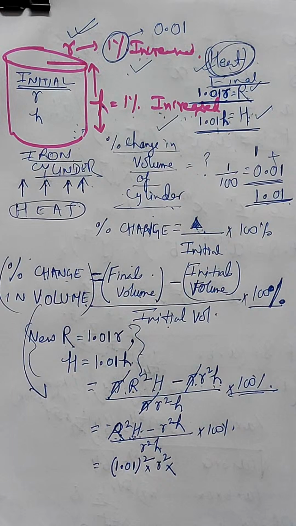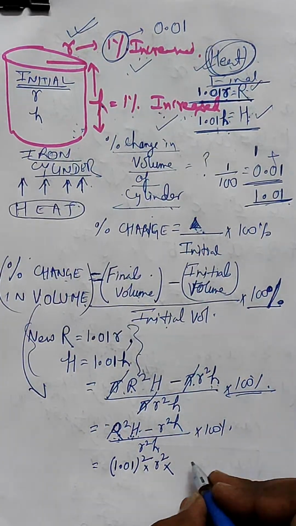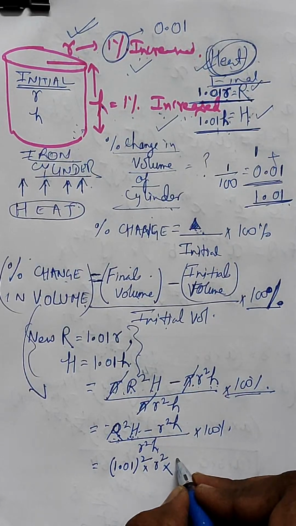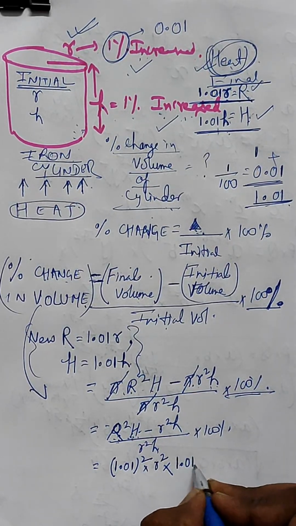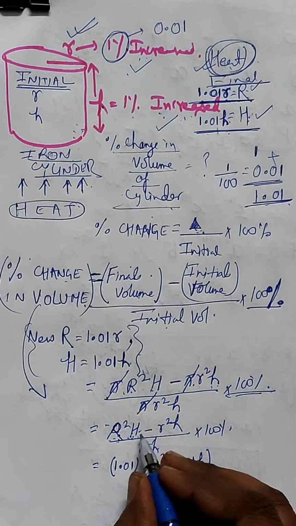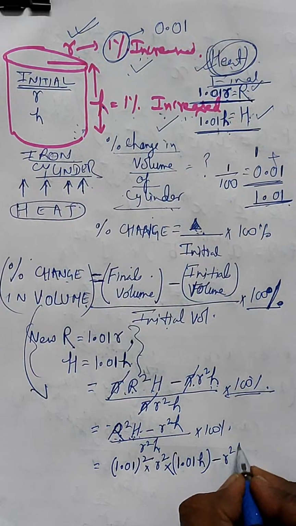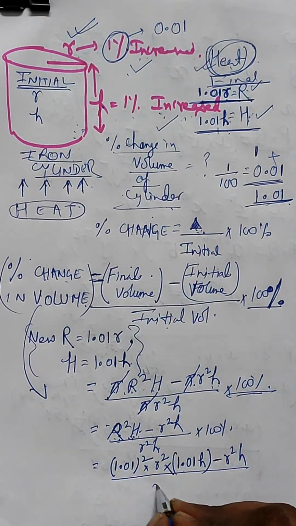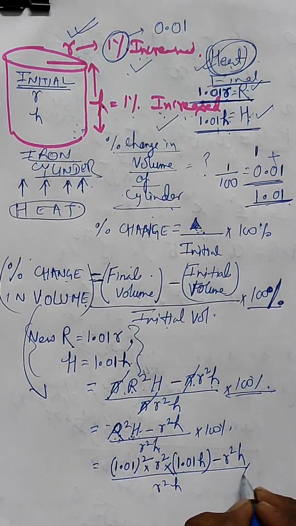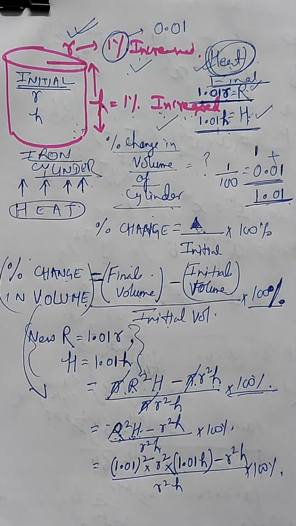So when you keep the value of 1.01 small h here in place of capital H, minus r square h divided by r square h into 100%, right?